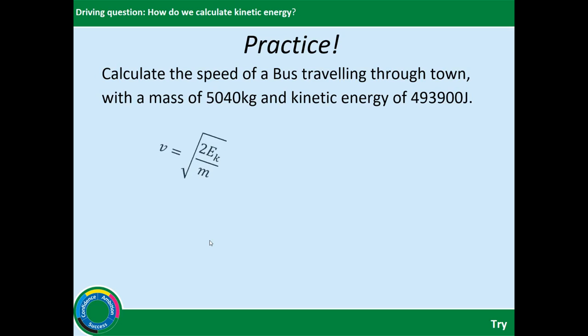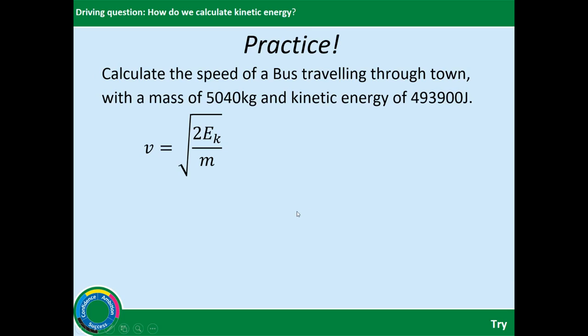We first of all write down the speed equation. Speed equals the square root of 2EK over m. In an exam, you'll work from the first main equation, EK equals half mv squared, and rearrange the equation to get up to this point. Because of space, I'm quoting the equation directly from the previous slides.